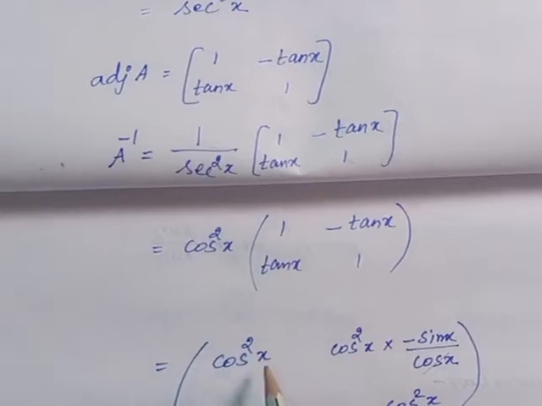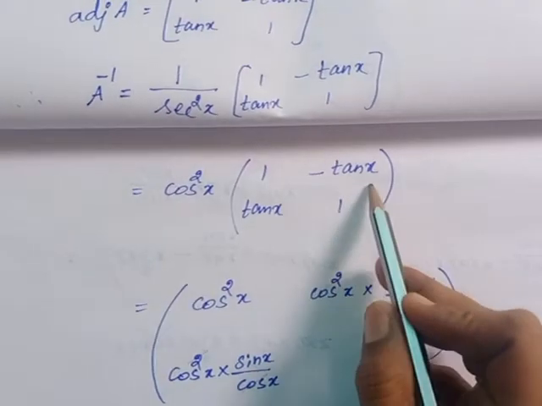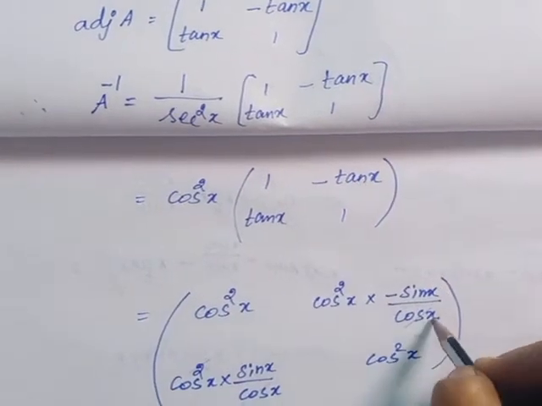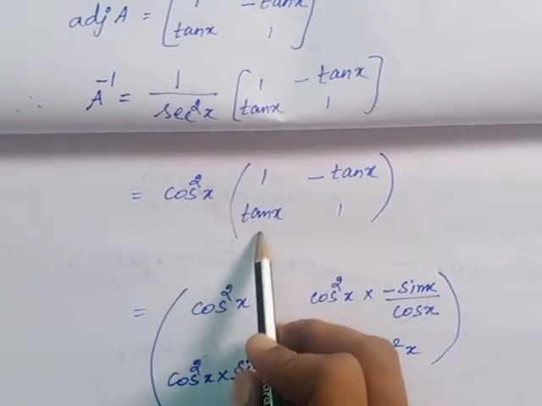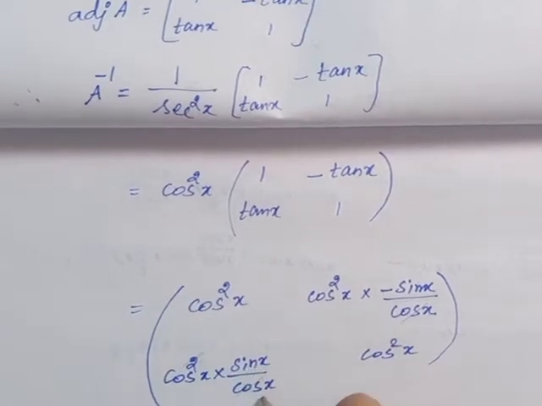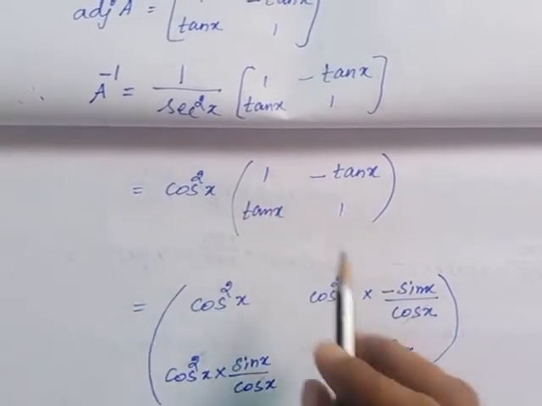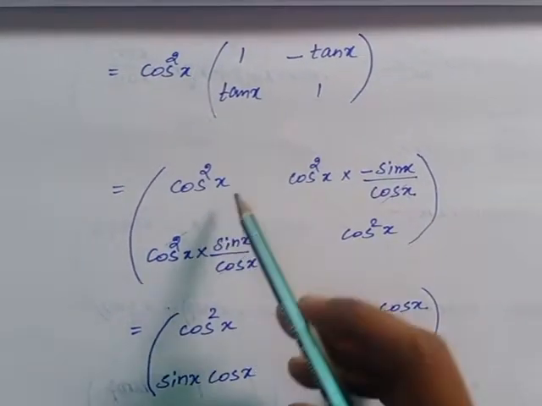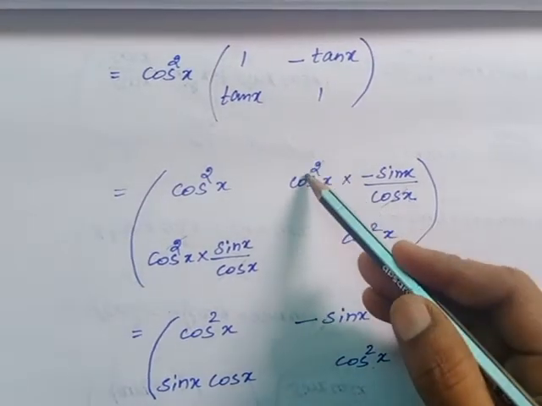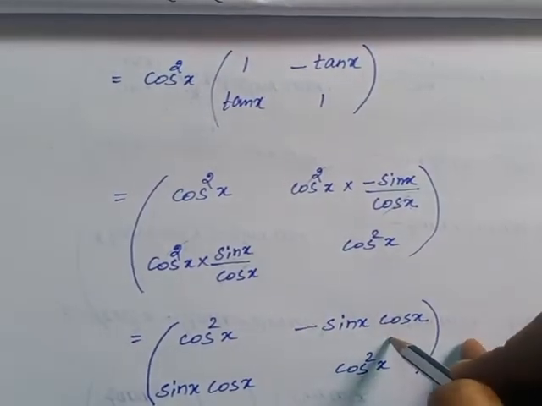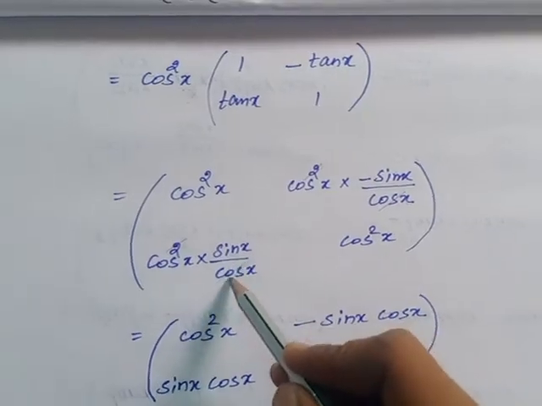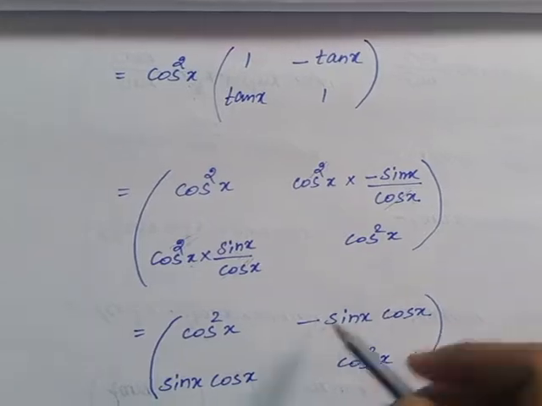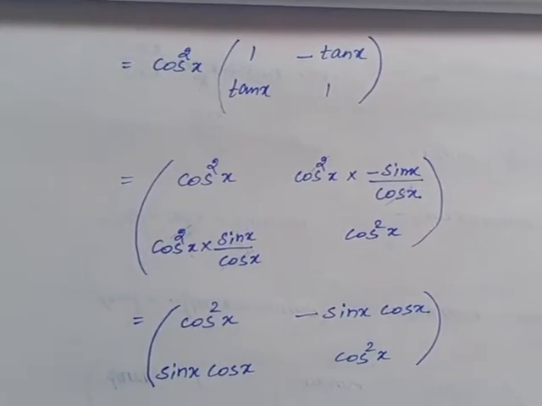So 1 into cos square x is cos square x, and minus tan x into cos square x: tan x can be written as sin x by cos x, so the cos x and one cos x cancel, giving minus sin x into cos x. Here also the cos x and cos x cancel, so one cos x remains, giving sin x into cos x. Here, the last term is cos square x.